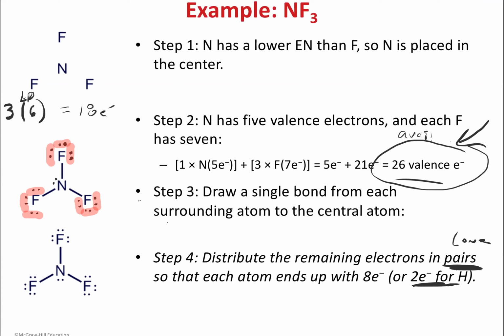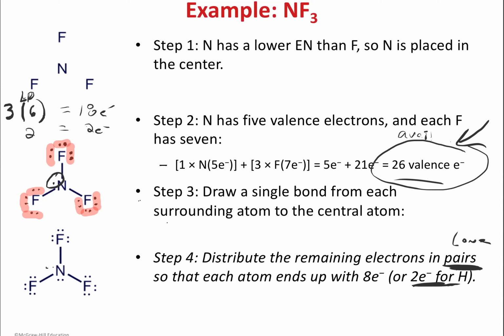Now that central nitrogen has 2 such electrons, right there. So now I've counted all my lone pair electrons. But you see, I'm only at 20 right now. So where are the other electrons?